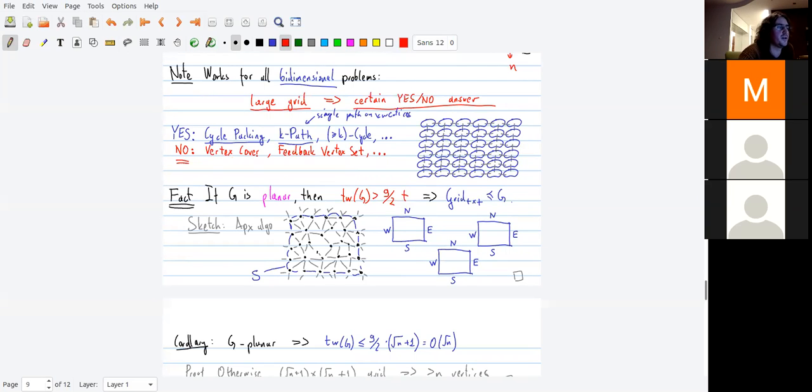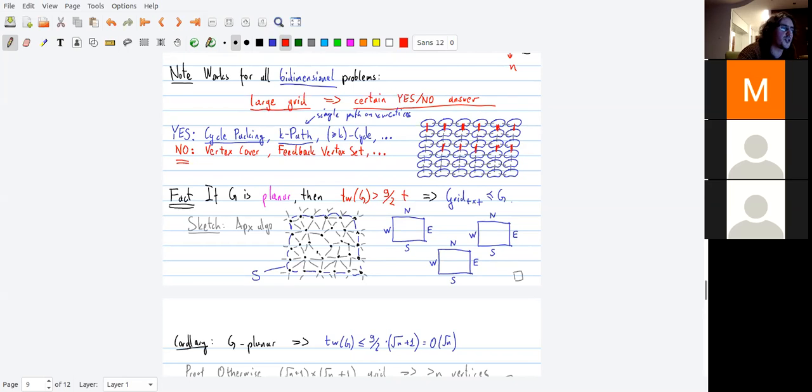So for instance, if I am working with the vertex cover problem, I would like to check whether the edges can be covered by at most k vertices. Exposing a square root k times square root k grid also exposes a matching of size larger than k.